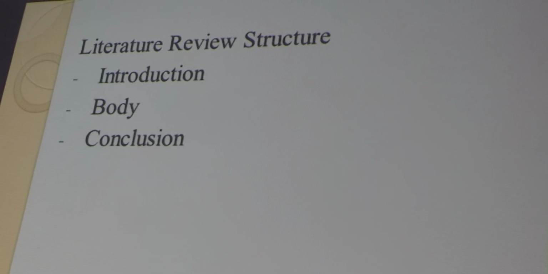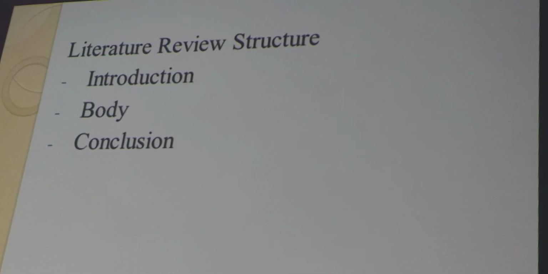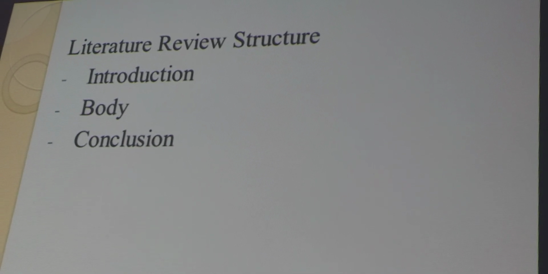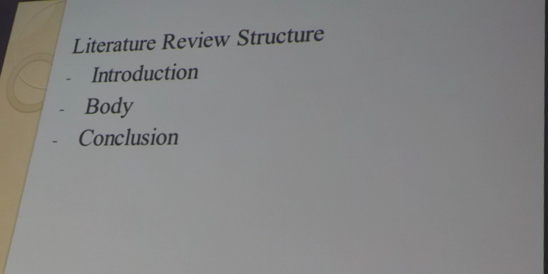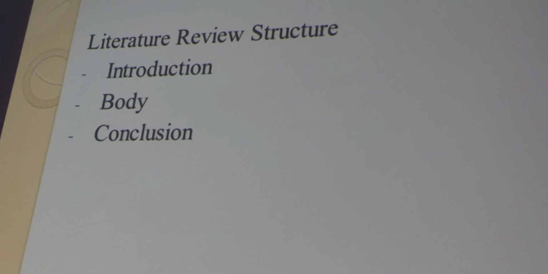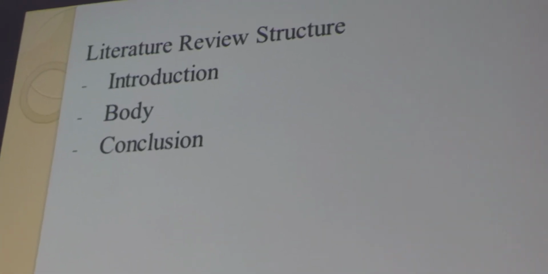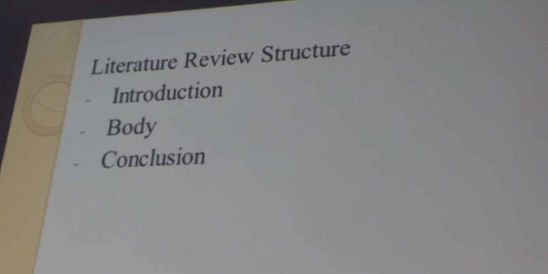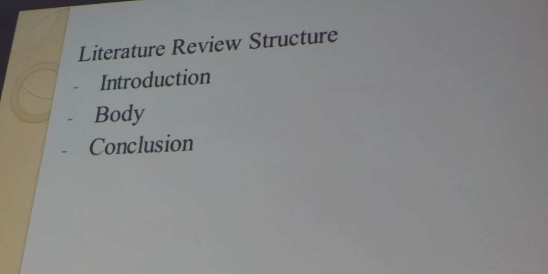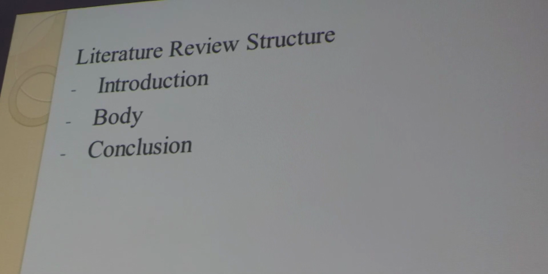Now we move on to talk about the body. In the body, you should provide a summative, comparative, and evaluative discussion of the literature reviewed. Show the importance of the field of research. Show the reader that the literature conducted in the field is not enough.